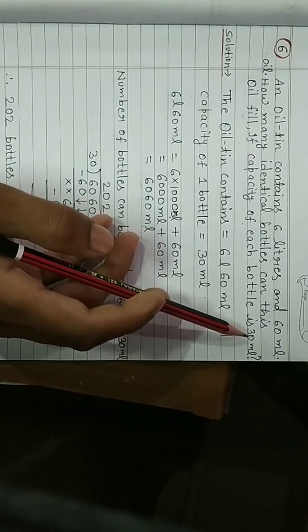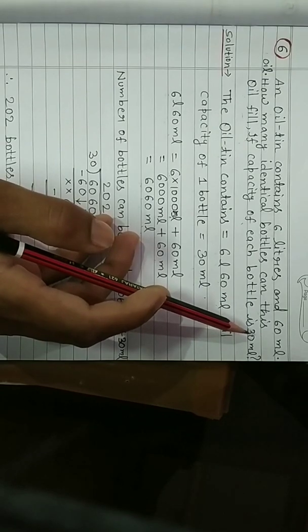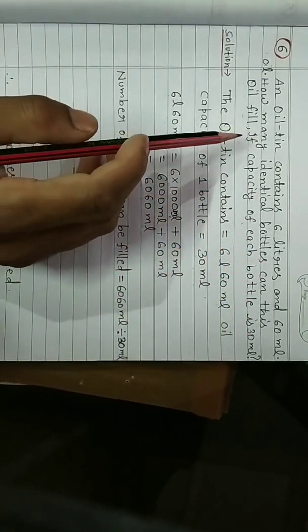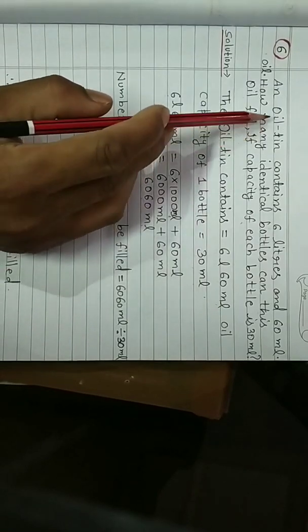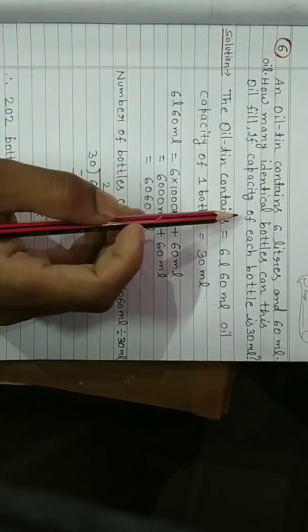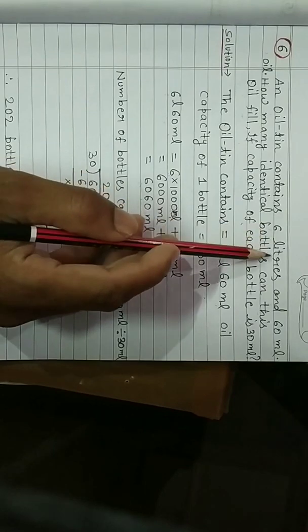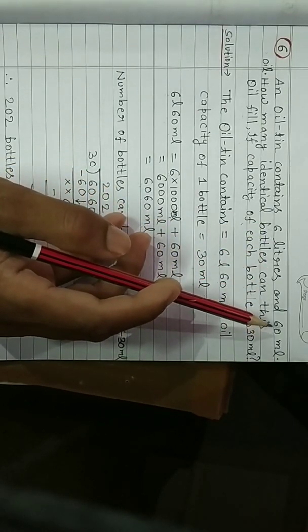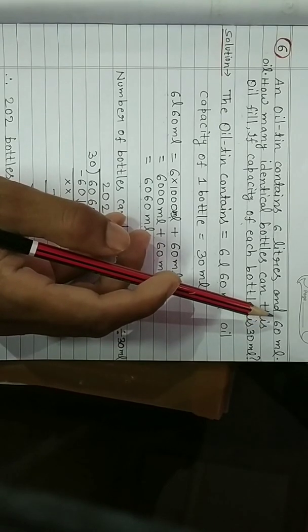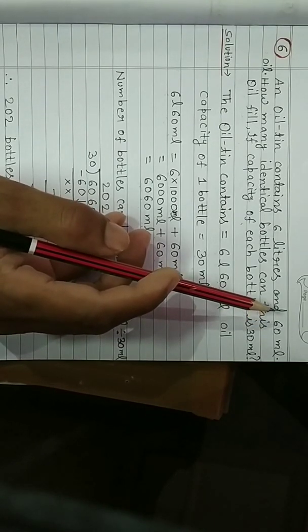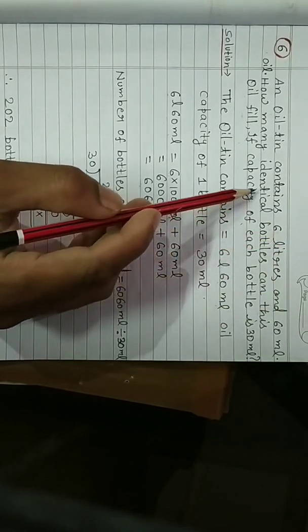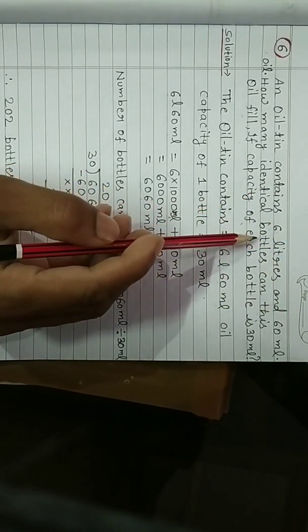So first of all, we have to understand this question, that an oil container is there, in which 6 liters and 60 milliliter amount of oil is kept, and we have to put this amount of oil into identical bottles.